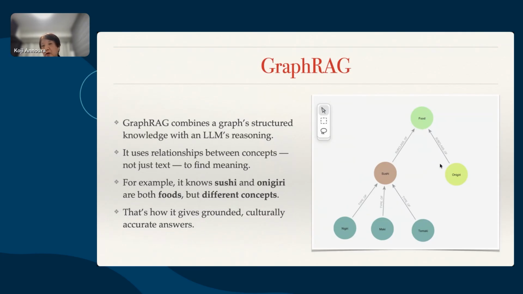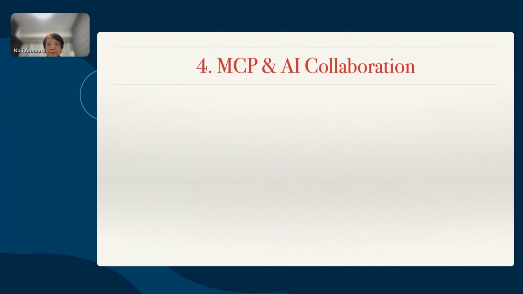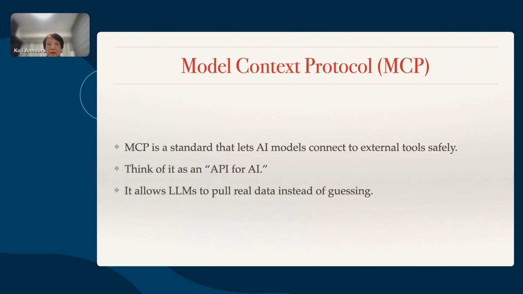For example, sushi and onigiri are really different foods. And the sushi types are nigiri, maki, and temaki. It's very easy to understand and gives the correct meaning.